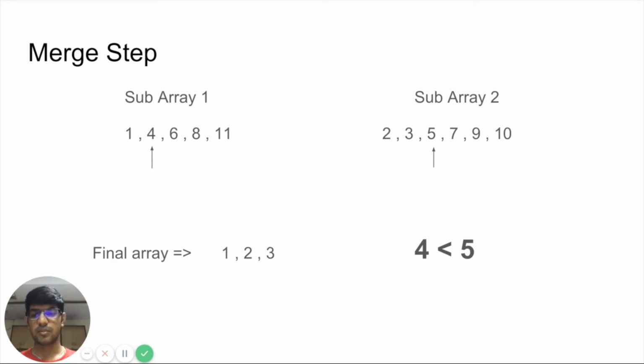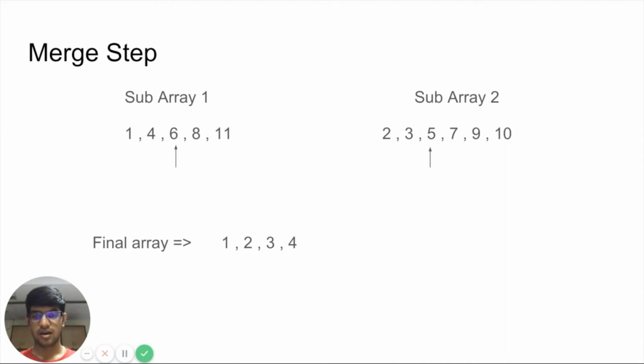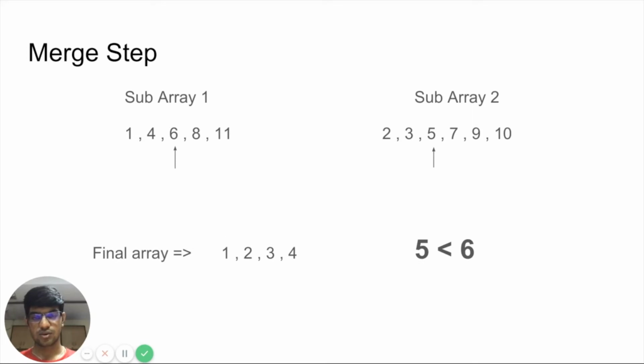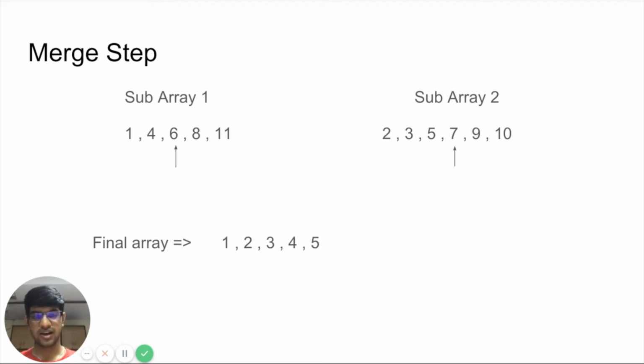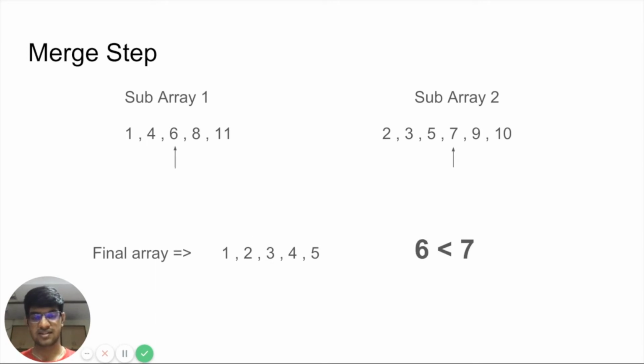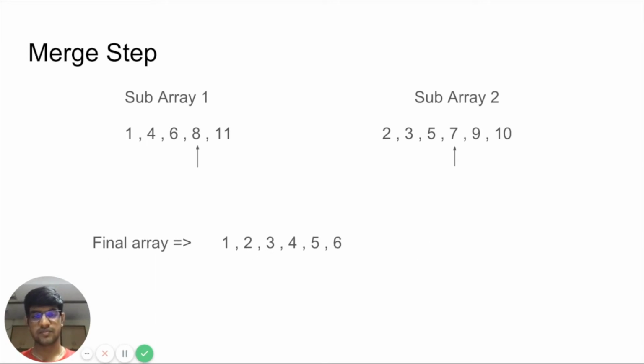Next, we need to compare 4 with 5. Since 4 is less than 5, it will be included in our final array and its pointer is incremented. 5 is less than 6, so we'll include 5 as the next element and the pointer is incremented to 7. Since 6 is less than 7, 6 will be included in the next step.